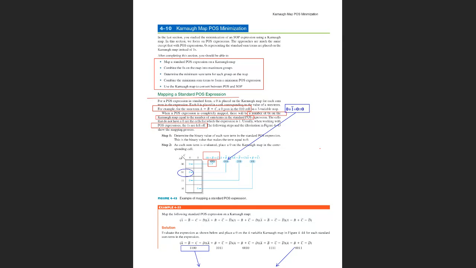The third sum is not A plus not B plus C. So the variables making this sum 0 are 1, 1, 0. 1, 1 is the row, 0 is the column. In this cell 1, 1, 0, we put 0, and so on. So this is different from SOP. We put 0 whenever the corresponding sum is 0.